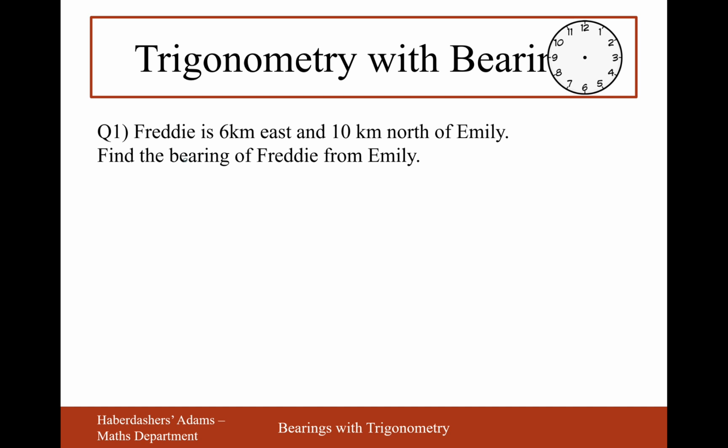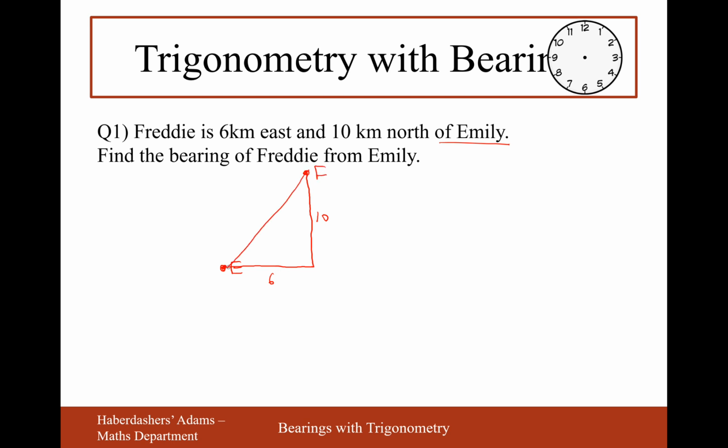So, Freddie is 6 kilometers east and 10 kilometers north of Emily. So now that I know that it's of Emily, I'm going to put Emily in the center of the diagram. And Freddie is 6 kilometers east. So east would be this direction, 6, and 10 kilometers north up here, and this would be where Freddie is.